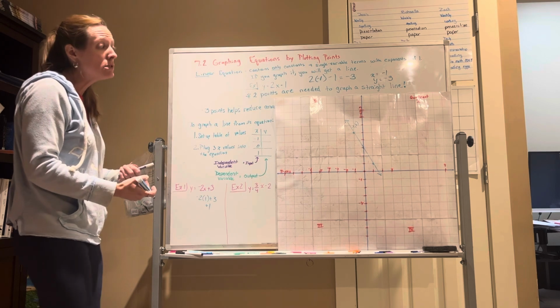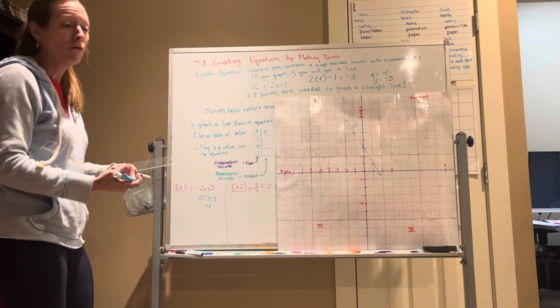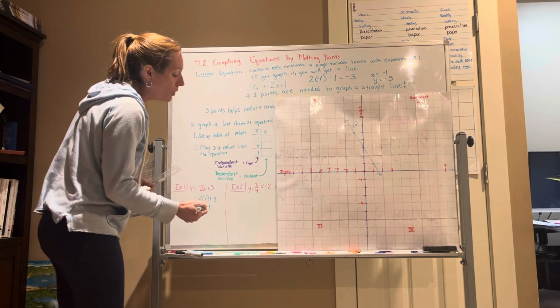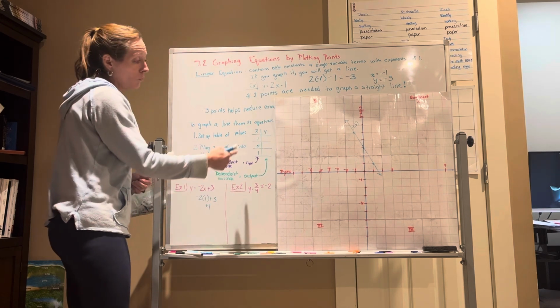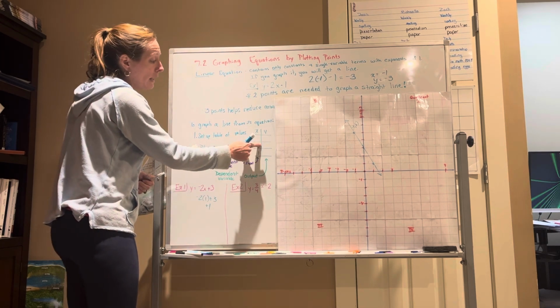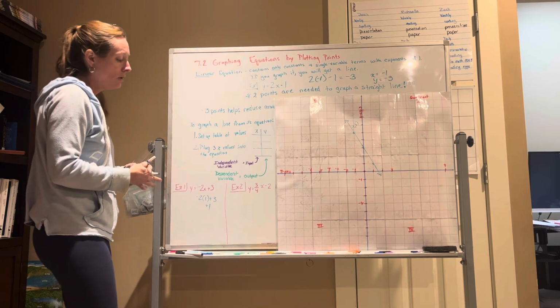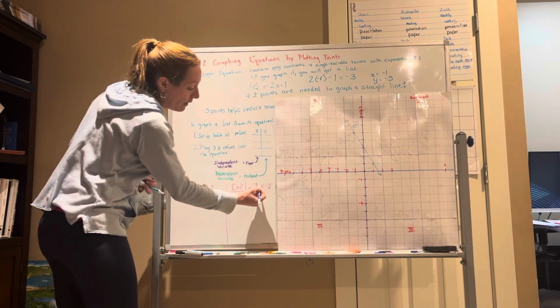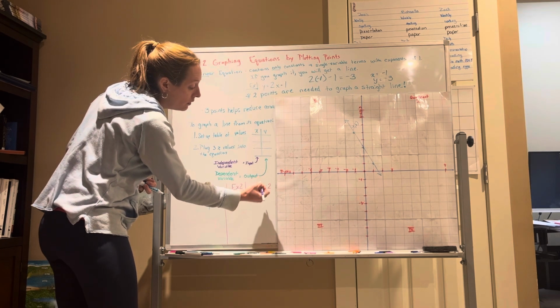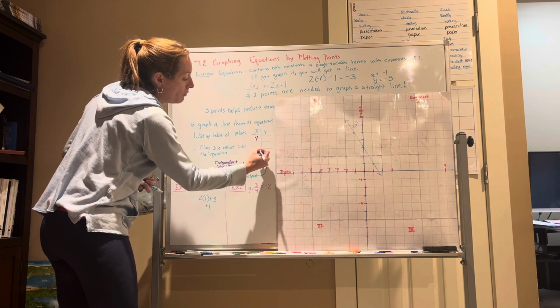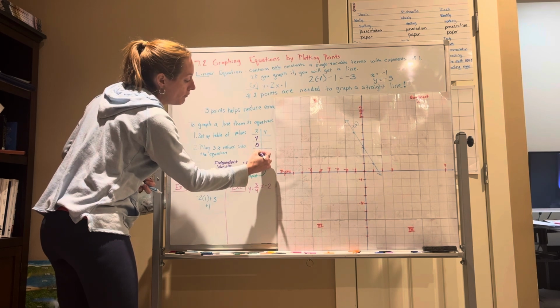And fractions are hard to graph on a graph like this. So remember, we get to pick whatever values we want for our x. So if I pick a 4, then my 4's will cancel out. So I'm going to go with 4, 0, and negative 4.